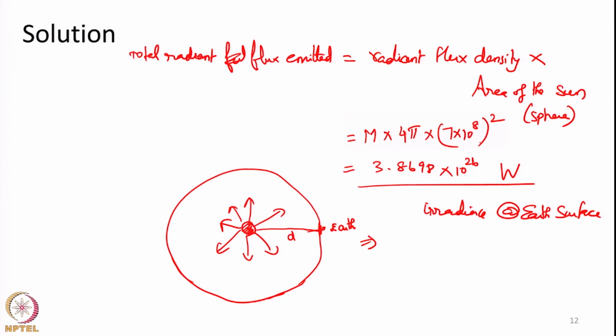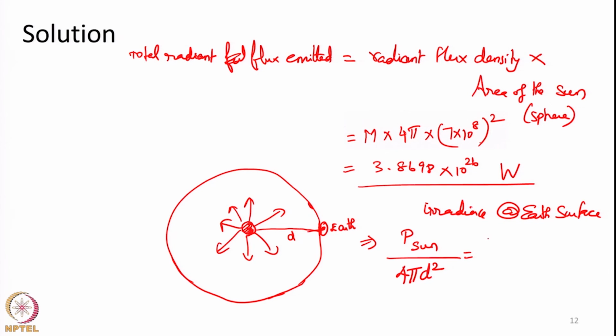Earth can be anywhere, so what is the energy received by 1 meter square area on the earth surface? Essentially I am calculating the power remaining at 1 meter square area on this huge sphere, that is the total power P emitted by the sun divided by the surface area of this big sphere, which will give me the final answer.